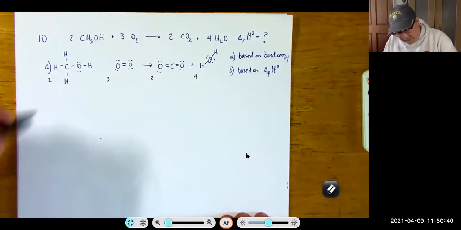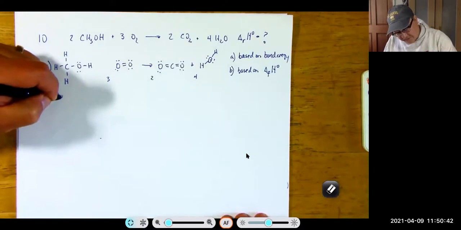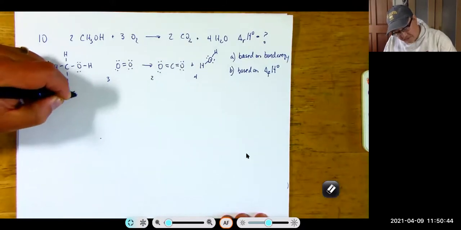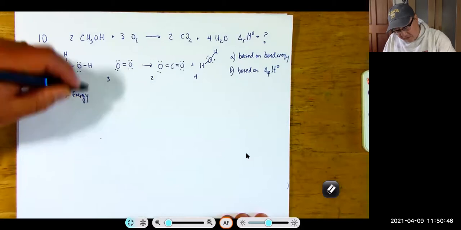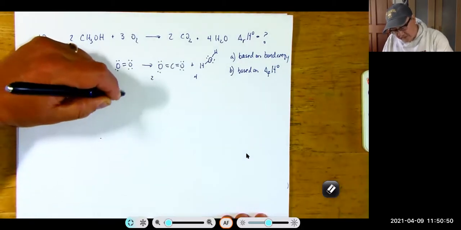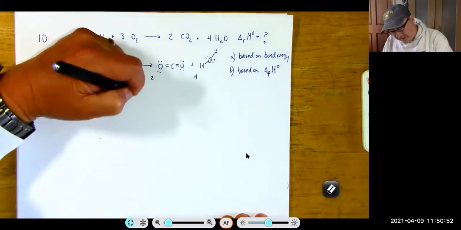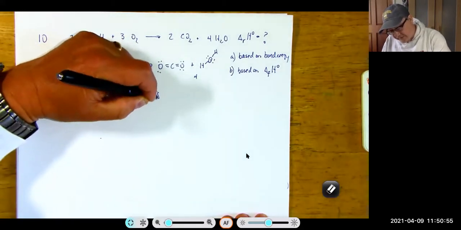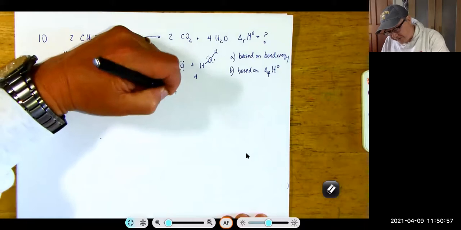Now, when we talk about bond energy, if we want to break a bond, the bond energy is positive because this is endothermic.